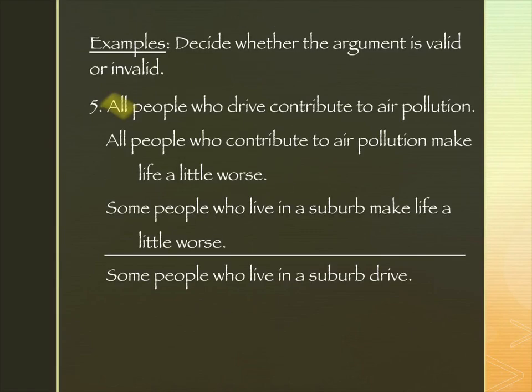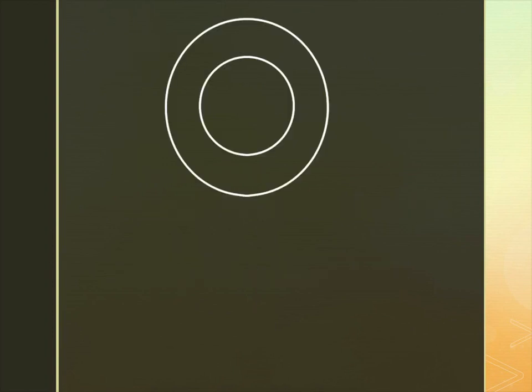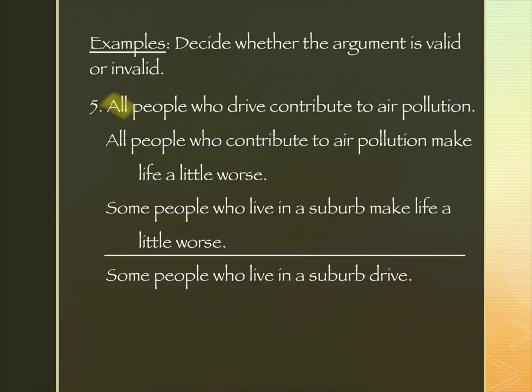What is my inside circle going to be? People who drive. And just for the sake of abbreviating, I'm just going to write drivers. Because no cats are driving, so I think we're okay with that, right? People who drive are drivers, okay? What's the outside circle going to be? Yeah, people who contribute to air pollution.